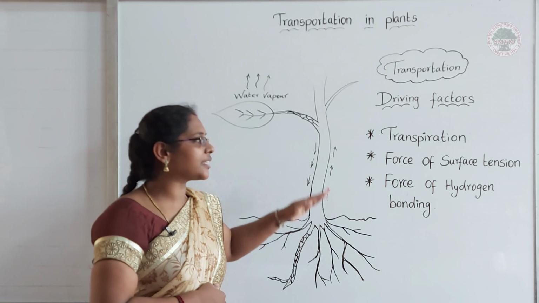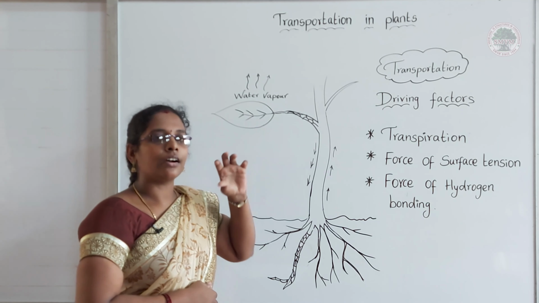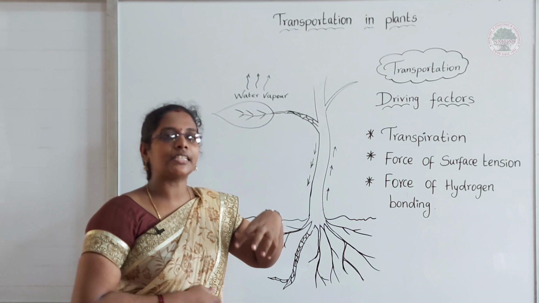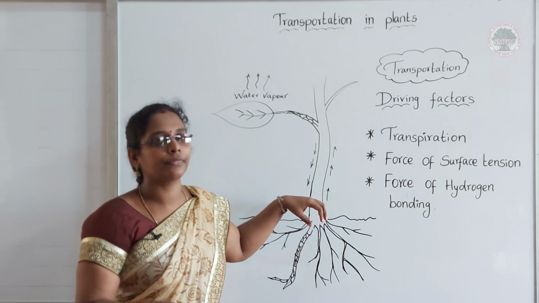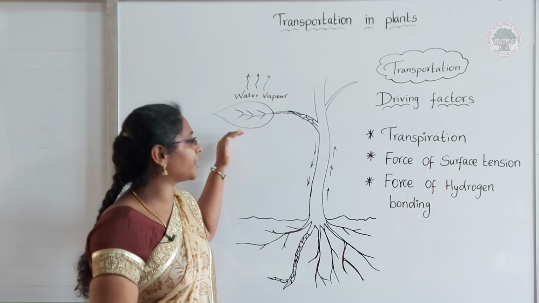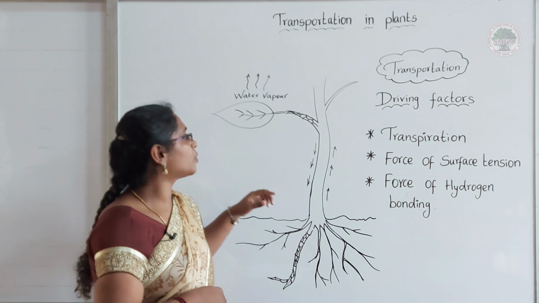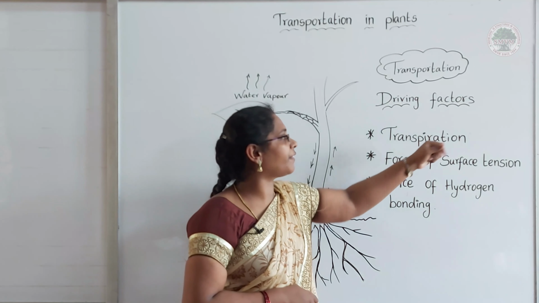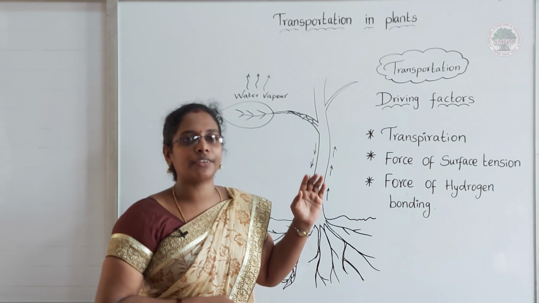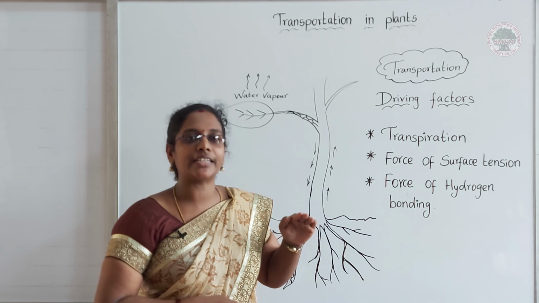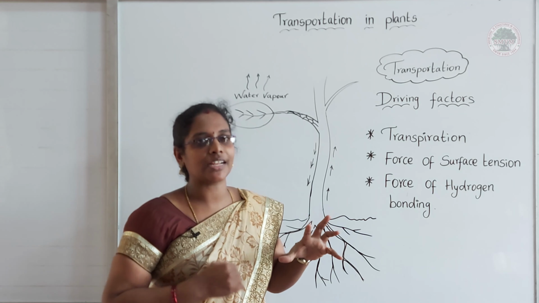It cannot pass anything by itself. Only because of transpiration creating pressure, the xylem acts as a straw. Because of the pressure, the water is sucked up. So this is the first driving factor of transportation. Because of transpiration, pressure is created inside the cell and it helps in the transportation.